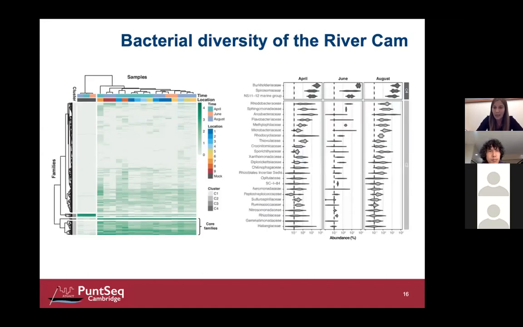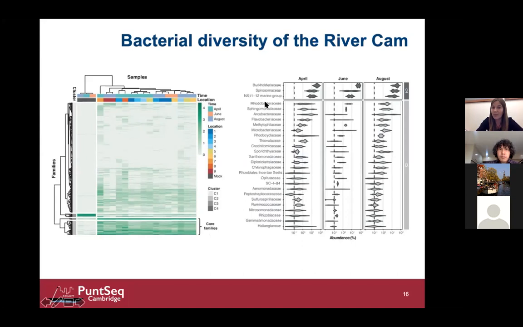see. So here I'm just plotting these bacterial families from these 2 clusters, which we now call the core microbiome of the River Cam. And you see that the 3 most abundant ones are Burkholderiaceae, Spirosomaceae, and this NS11-12 marine group.